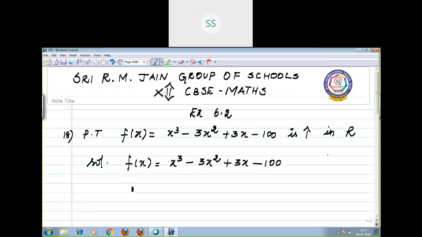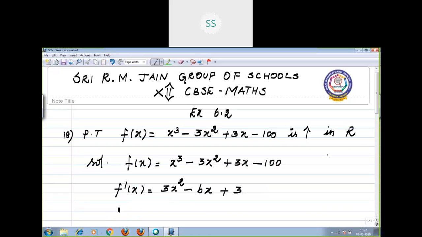Next step, you want to find the derivative, right? f dash of x equal to 3x square minus 6x plus 3, and real number means minus infinity to infinity.